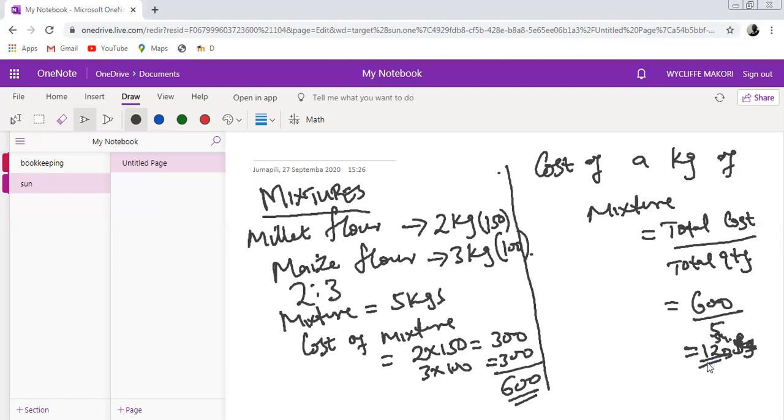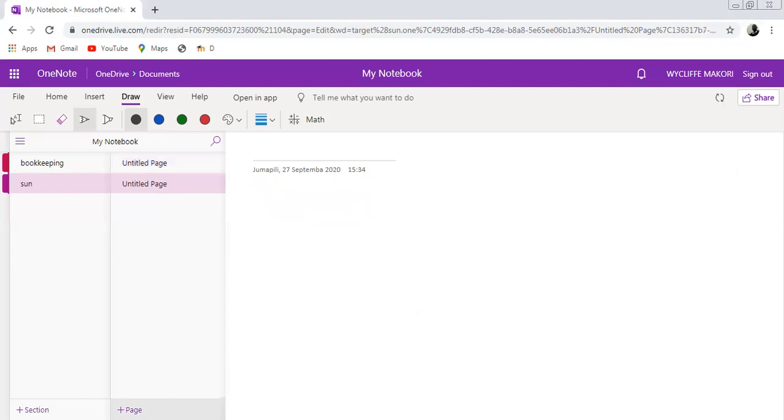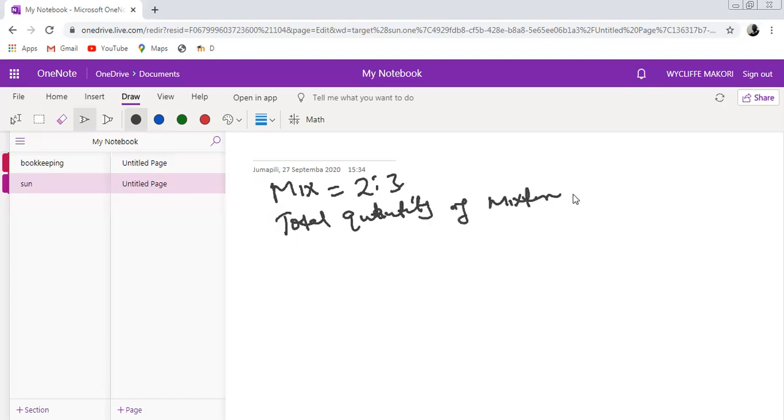I want to make this example a bit simpler. If we mix a quantity in the ratio 2:3, first of all, we need to get the total quantity of the mixture, which is the sum of the ratio. In this case, it is 2 plus 3, which is 5.